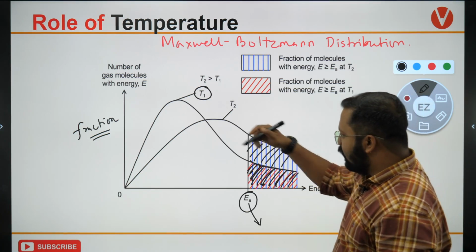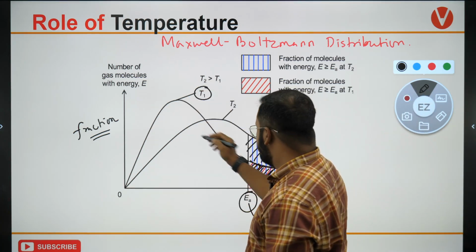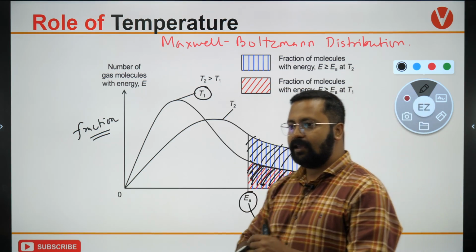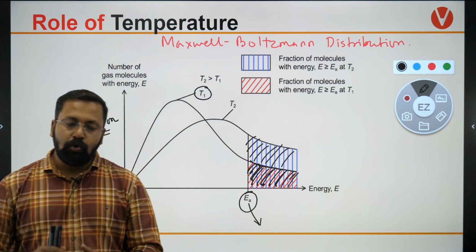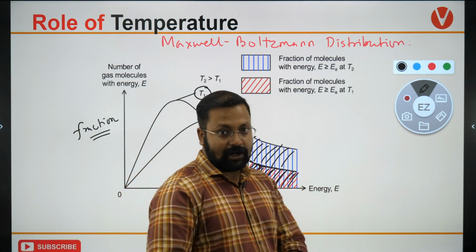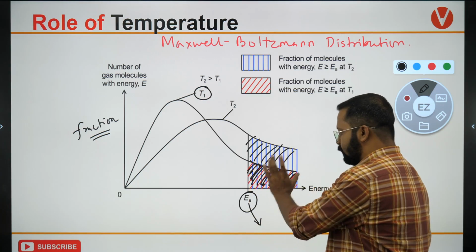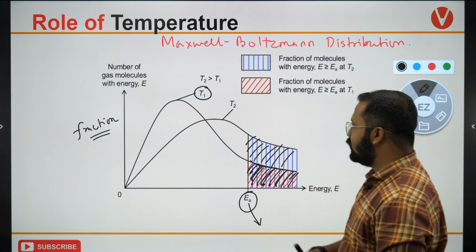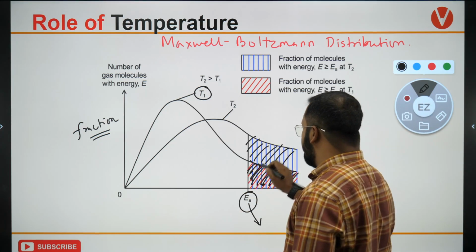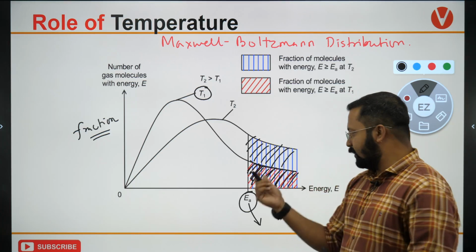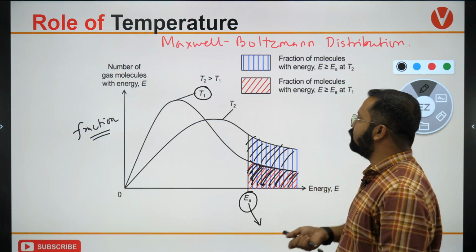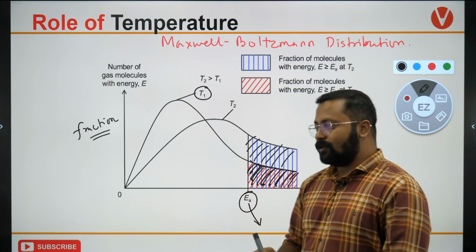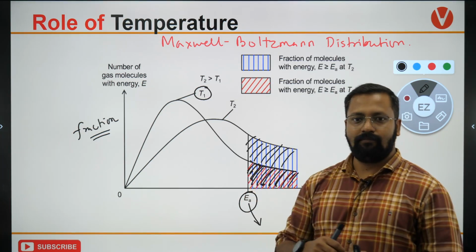Similarly, when we have a gaseous system, earlier the number of molecules which had the amount of energy necessary to perform the reaction was very less. Now when I increase the temperature, the number of molecules which have the required optimum amount of energy to perform the reaction increases, and because of it the reaction becomes faster.